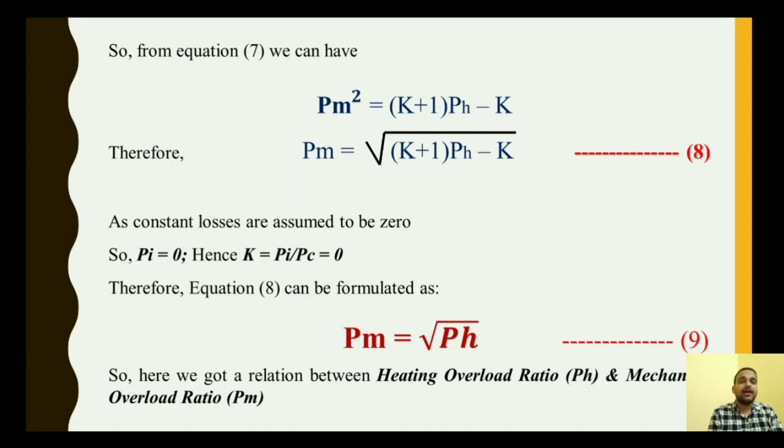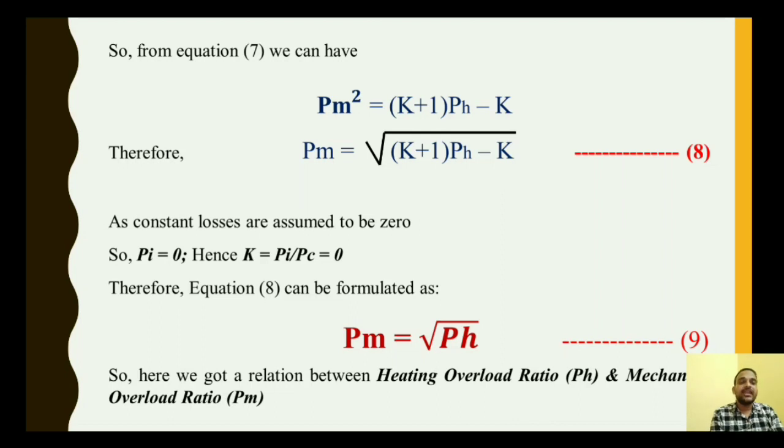As we have considered, the constant losses are assumed to be 0. Why 0? Because there is no consideration related to the iron losses, that is Pi equals 0. Hence the overall k will also equal 0. Why? Because k is Pi upon Pc, the iron losses to the copper losses, and as the numerator Pi equals 0, overall k will be equal to 0.